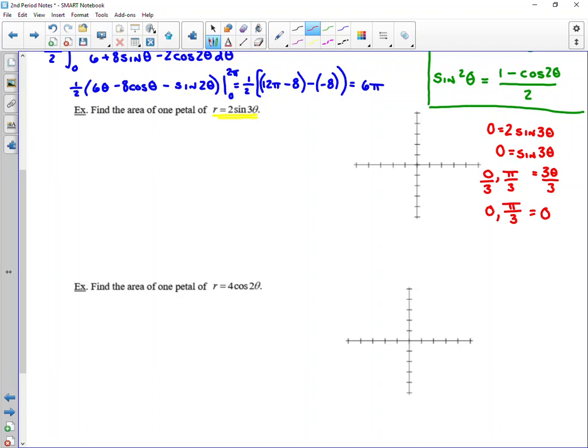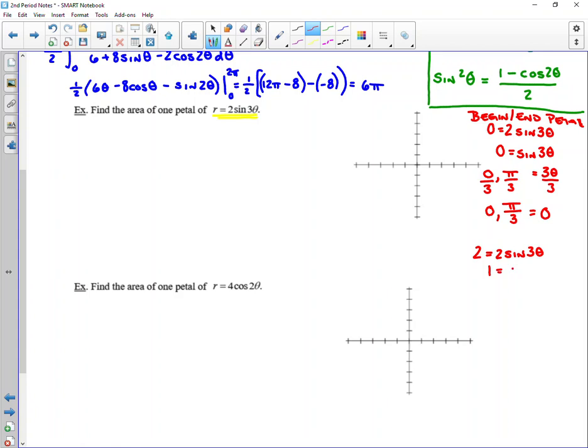Okay? There's another way you could do it. So this is finding beginning and end of petal. You could set it equal to 2, because you know the petal's length is 2. So if I set it equal to 2, I can figure out exactly where the petal will be.